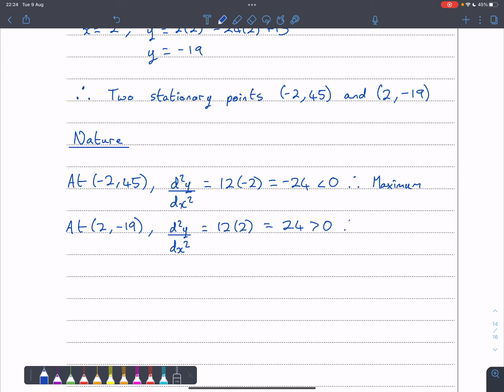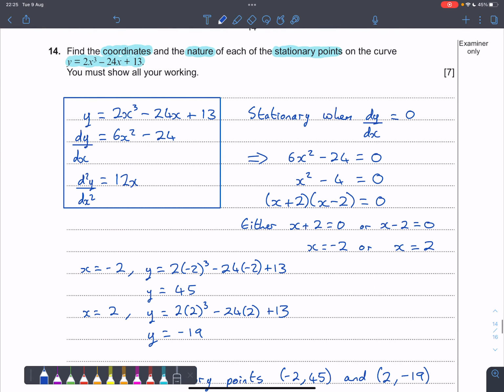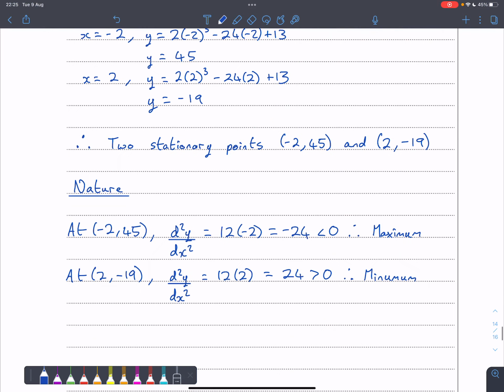If it's greater than 0, the rate of change of gradient is positive, so the gradient becomes more and more positive, or less and less negative. If it starts negative and becomes less and less negative, it becomes more and more positive. That becomes a minimum, which again is what we expected. And those are the coordinates and the nature of the stationary points.